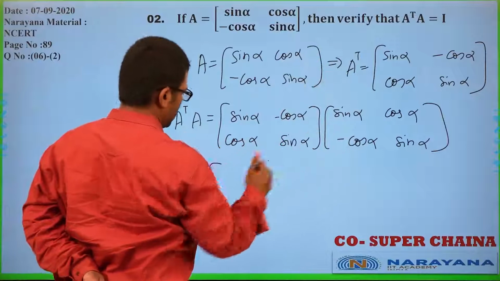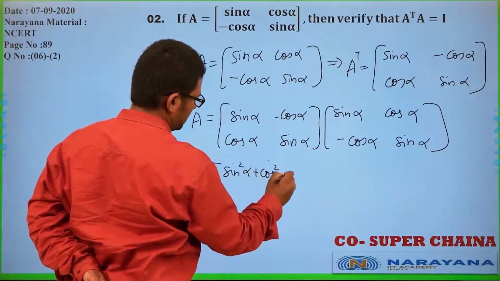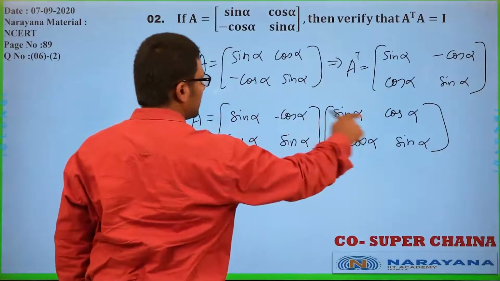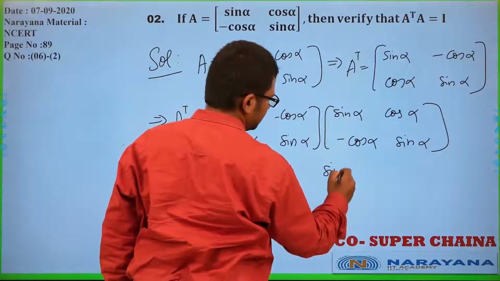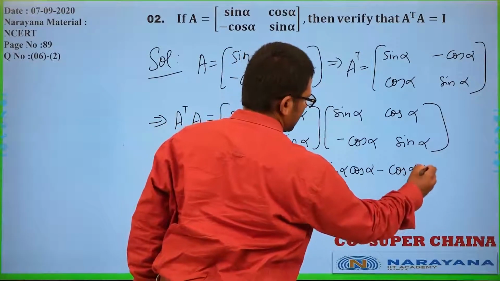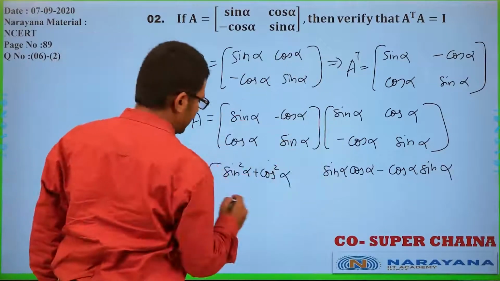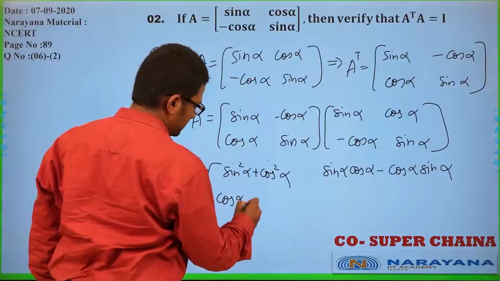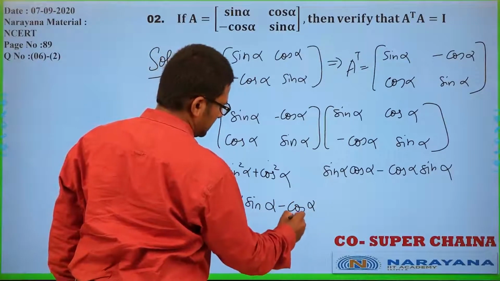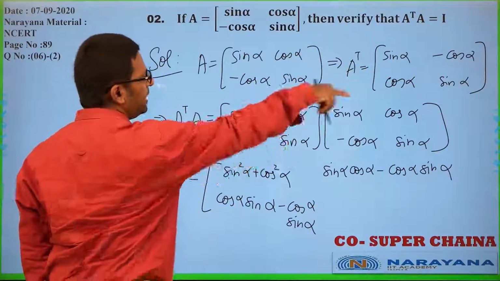Sin square alpha plus cos square alpha. Okay, then sin alpha cos alpha minus cos alpha sin alpha. Alright, cos alpha sin alpha minus sin alpha cos alpha. And then cos square alpha plus sin square alpha.